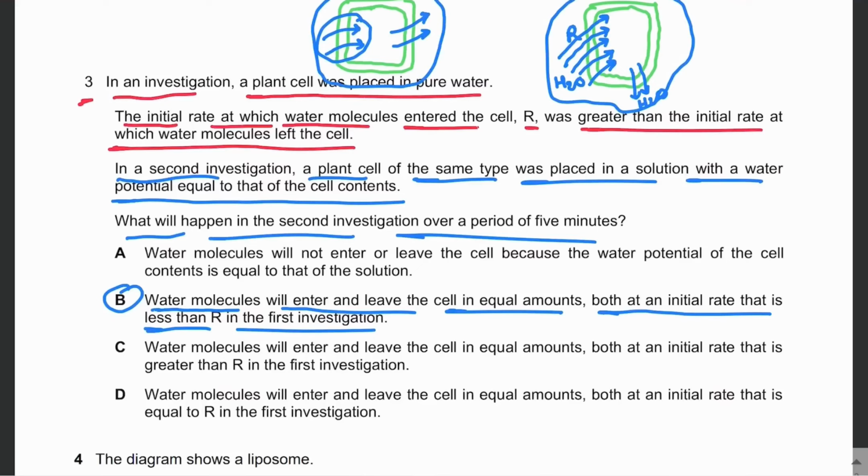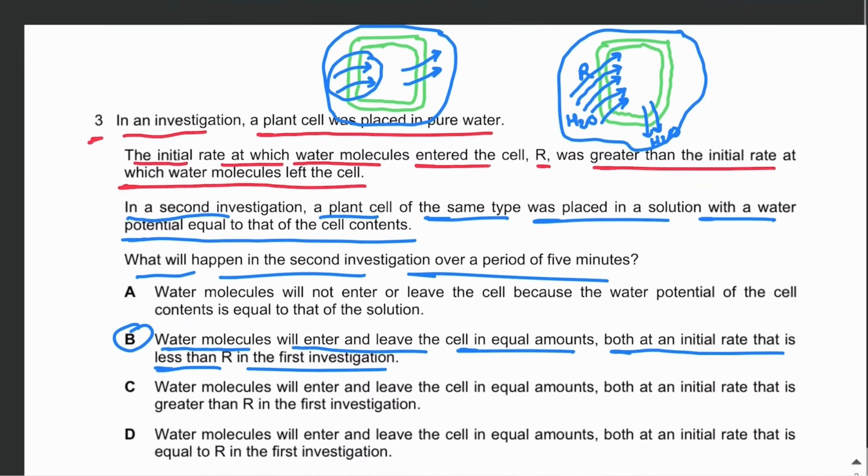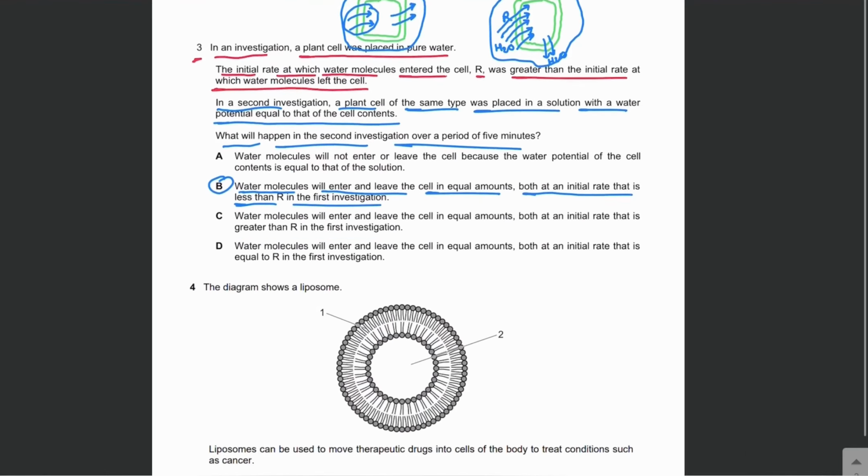So if we compare with R in the second investigation, both the rate of uptake and the rate of water loss will be lower than R. The answer is B.